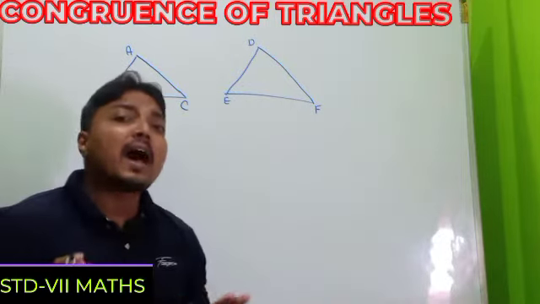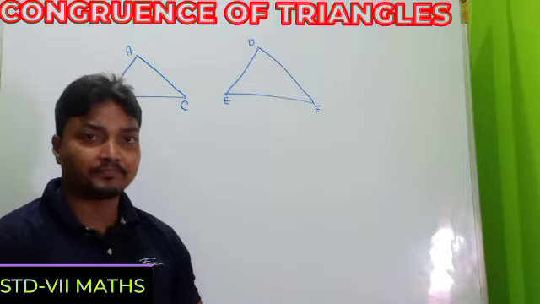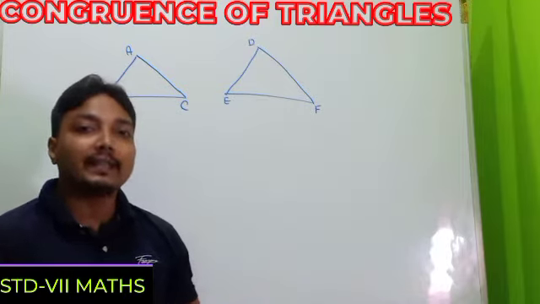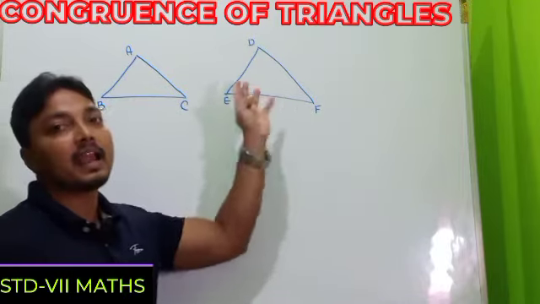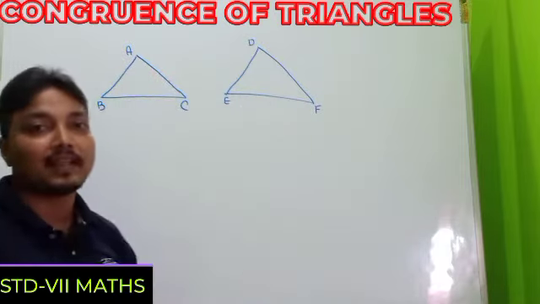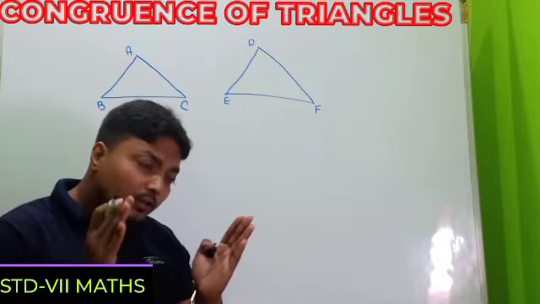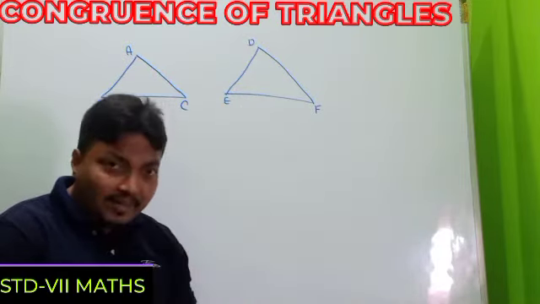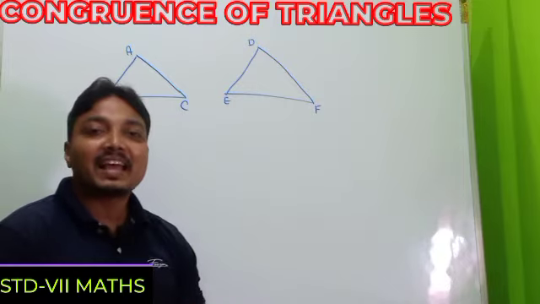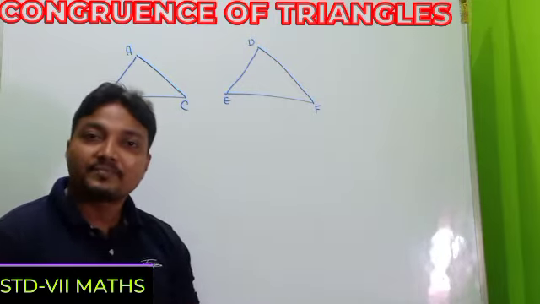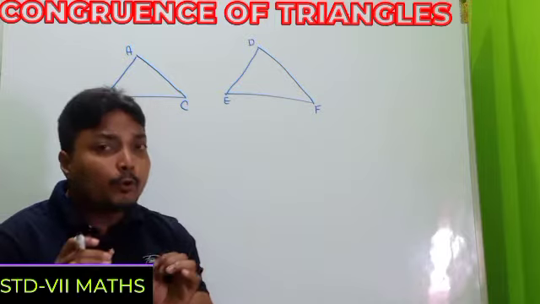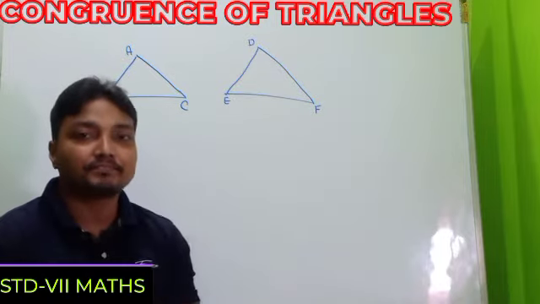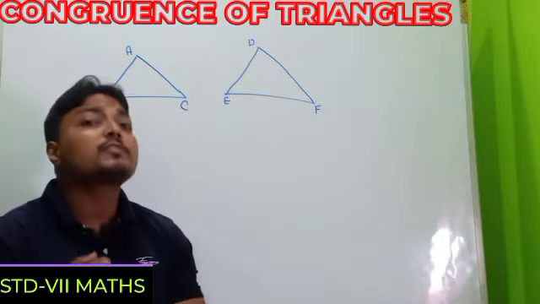In the first class I have already said, to be congruent, if I cut it and keep it over this one, and both cover one another completely, then I can say both triangles are congruent. It means by the method of superposition.